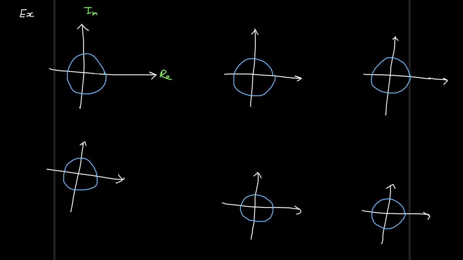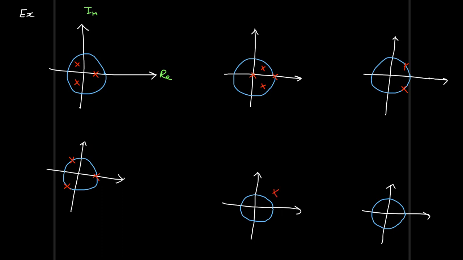So the first example, let's assume that we have the following location of the roots of the characteristic equation. The second example, let's assume we have the following location. The third example, the following location.